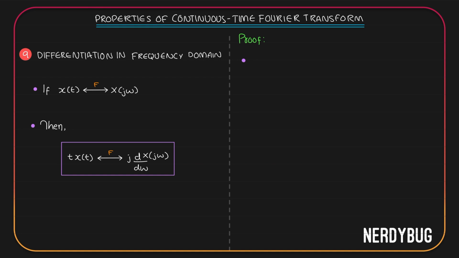We will prove this using duality property. In the differentiation property, we have already learned that the Fourier transform of d by dt of x of t is j omega x of j omega. Or we can write this as omega multiplied by j x of j omega.